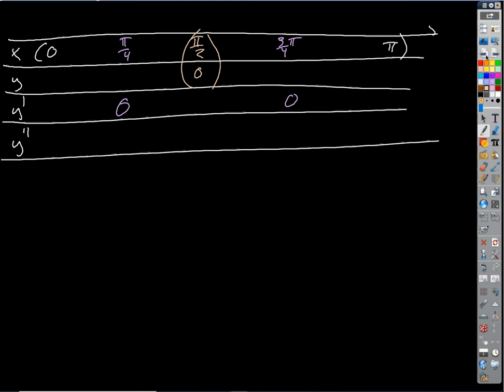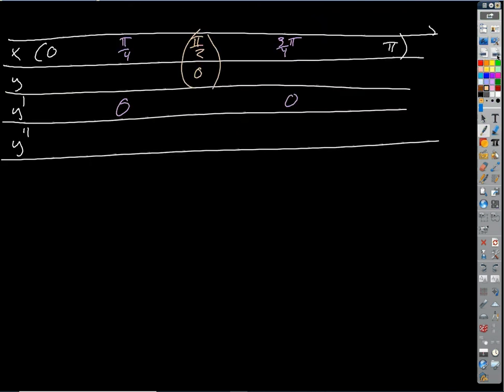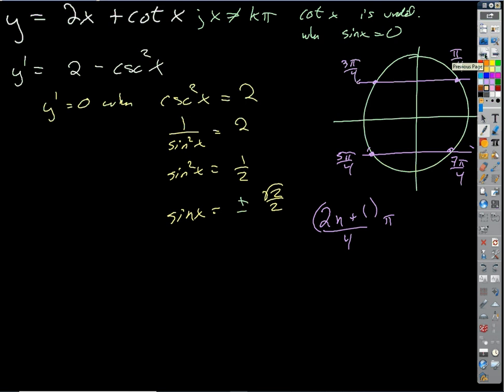Oh, but was that 0 for our function though? No, not for our function. That was just for cotangent, so I gotta get rid of that. Okay. What else? Gotta keep going. Okay, so we got everything we needed out of the first derivative.